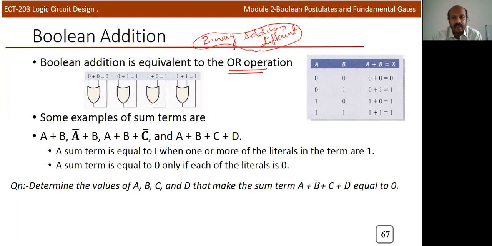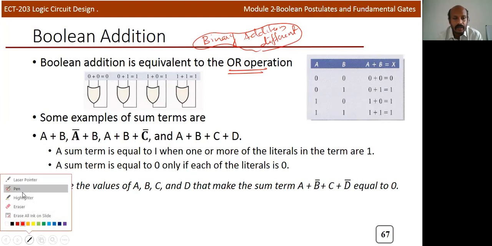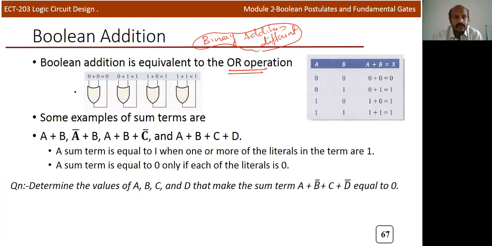Okay, so the other name for the OR operation, already we discussed in the previous lectures, and here you can see the Boolean expression. So this is the OR gate. If you apply 0 0, you will get output as 0.